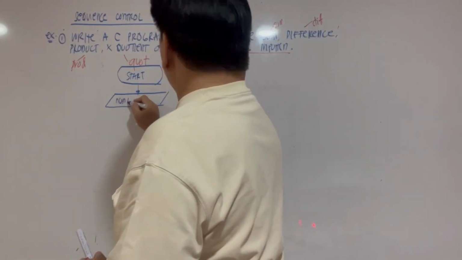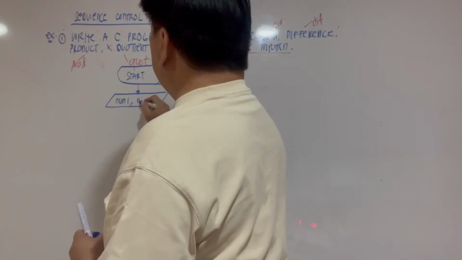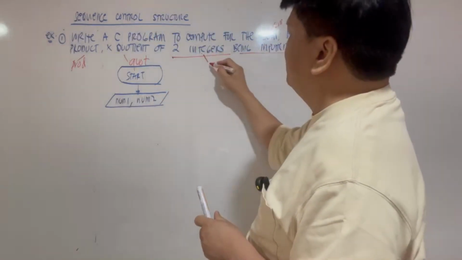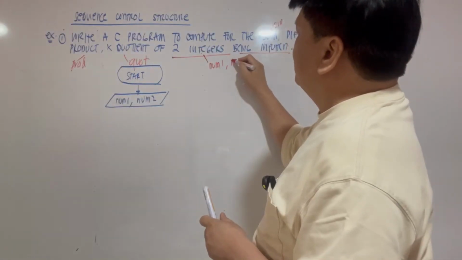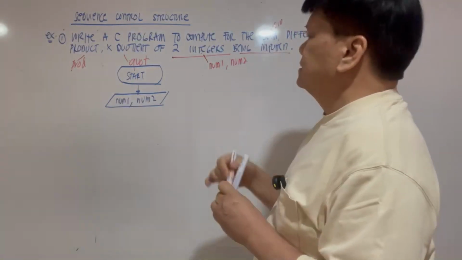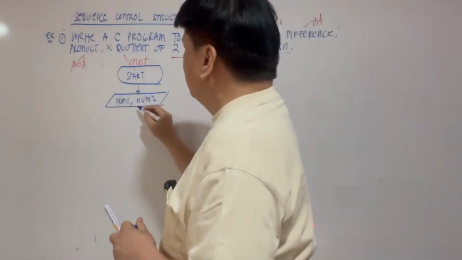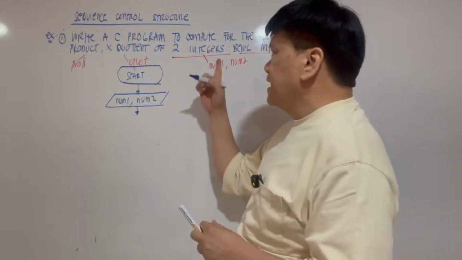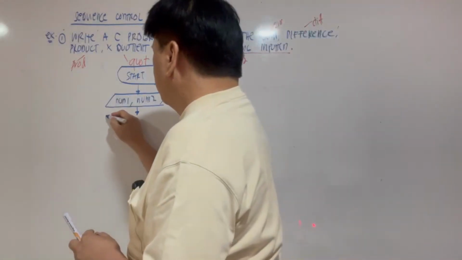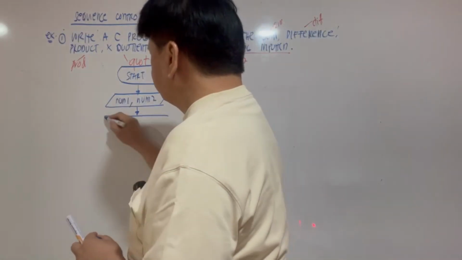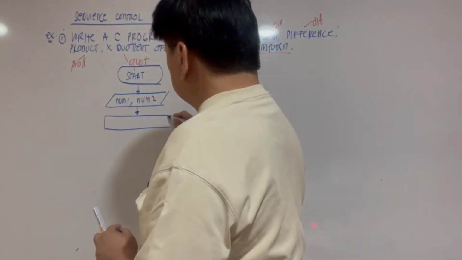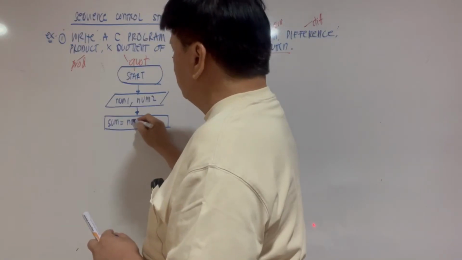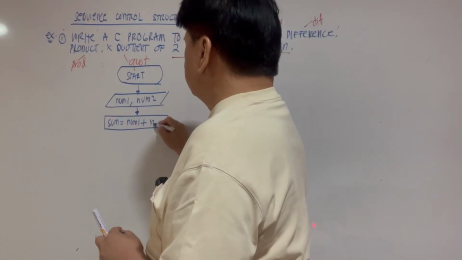Our input we use num1 and num2 variables respectively. Then let us now proceed to the formula. Let us get now the sum. So sum is equal to num1 plus num2.